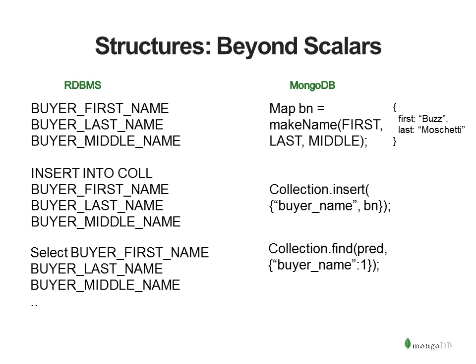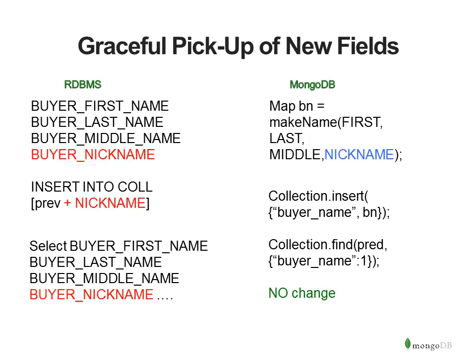Now, on the right-hand side, and we're doing a mixture of pseudocode and sort of representative example work here, we're using a combination of software to make us a map, and then inserting that map, that rich structure, directly into MongoDB. So let's just assume for a moment, and by the way, I deliberately left out middle name for my example here. Middle name was null, so it is only first and last in this particular structure. What becomes important is that you can gracefully pick up new fields.